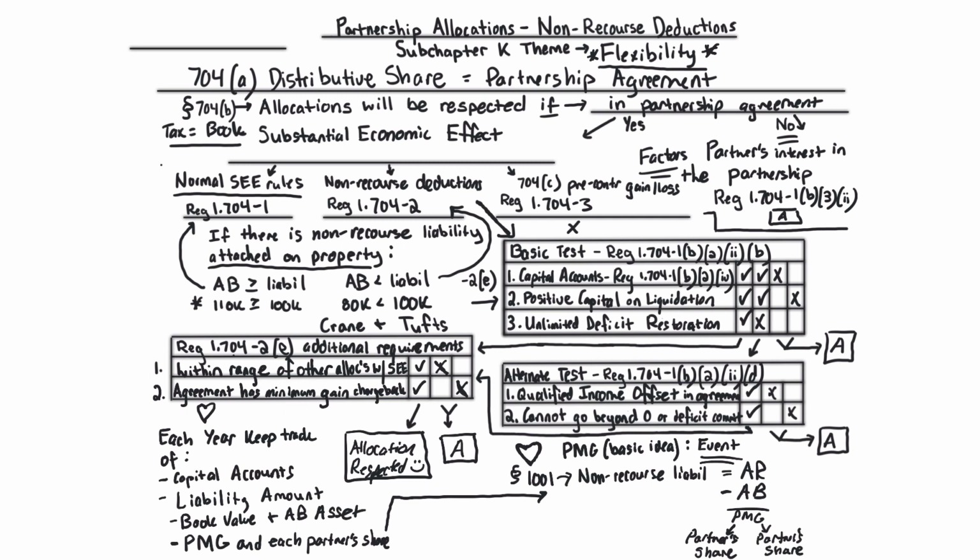Now the character of the partnership minimum gain relates to the actual asset. So the character is going to match. Now the idea is as you go each year, you keep track of each partner's share, and if it's a basic, just let's say that we've disposed of the property or foreclosed on the property, you're just keeping track of each partner's share of that, and that's why it's not too difficult to do. That's why we're keeping track of all these things each year, and it makes it a lot easier.